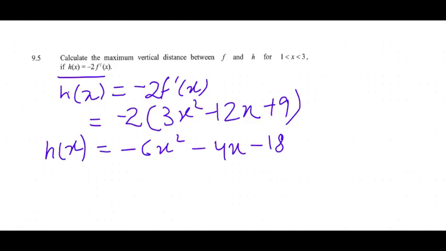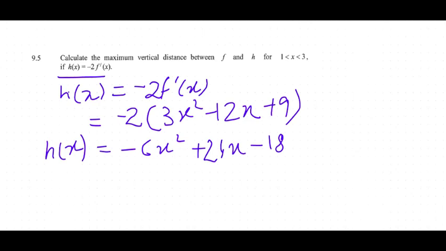Twelve times 2 is 24, and because we have minus 2 multiplied by minus 12, we get positive 24x. Then minus 18. This is the value of h of x.